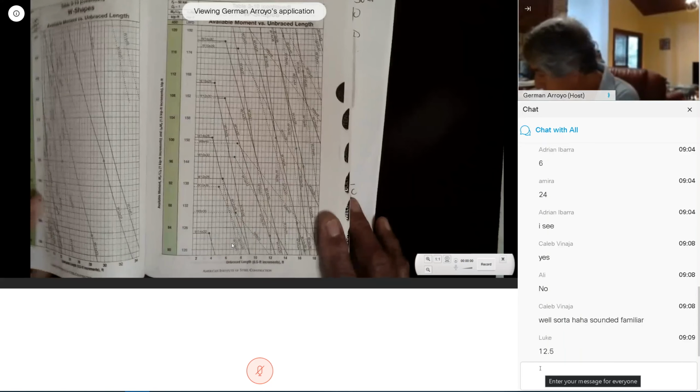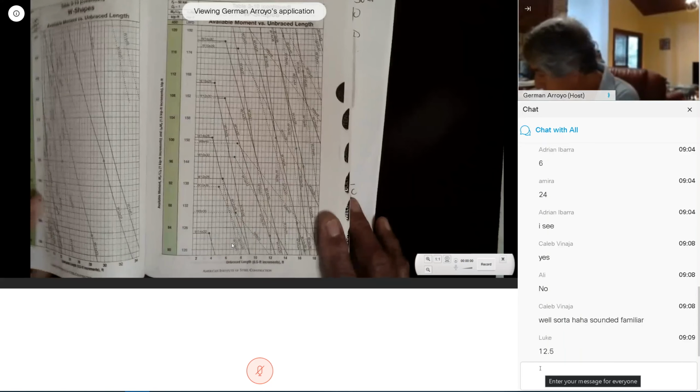Why do we know that the section that we selected from the code, when we went to page 3-123, whenever we came to this table with our unbraced length and Mu, how do we know that the section that we selected is the lightest section?